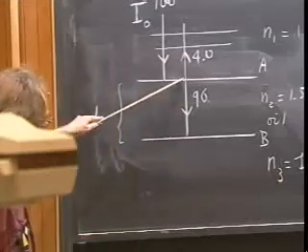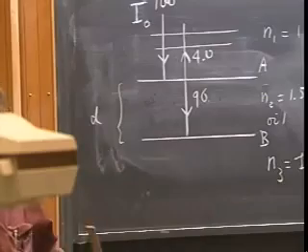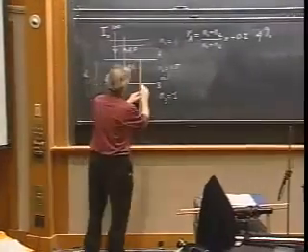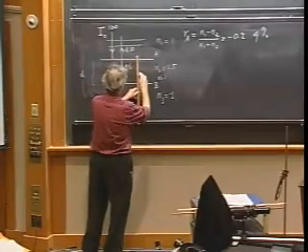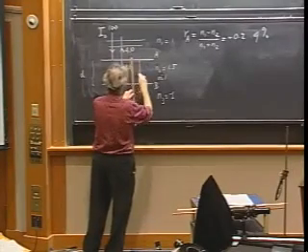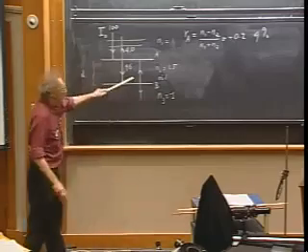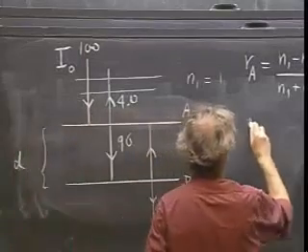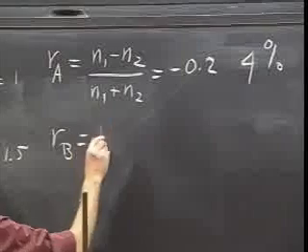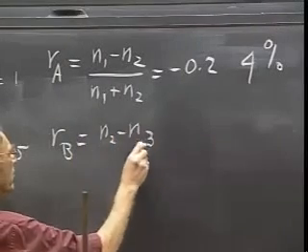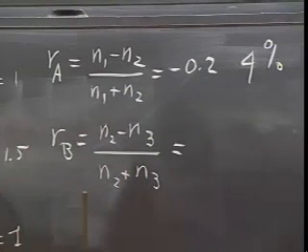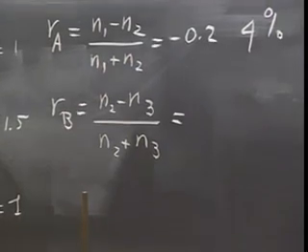So this light here hits the surface at B, the boundary between oil and air, and some of that light goes through, which I'm not interested in, and some of it comes back. And so I can calculate, again, the R value for that surface near B, which is now N2 minus N3 divided by N2 plus N3, and that is plus 0.2.